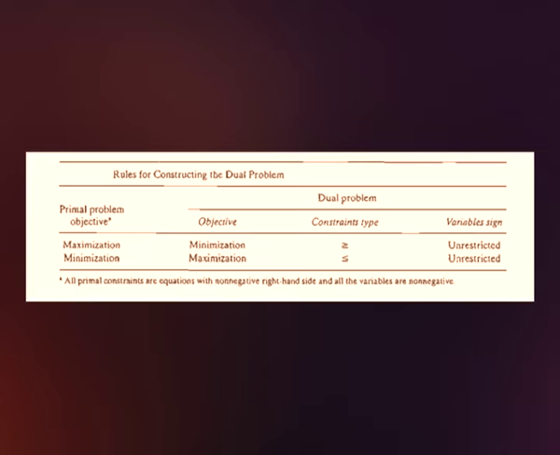An easy way to remember the constraint type in the dual is that if the dual objective is minimization, that is pointing down, then the constraints are all of the type greater than or equal, that is pointing up. The opposite is true when the dual objective is maximization.